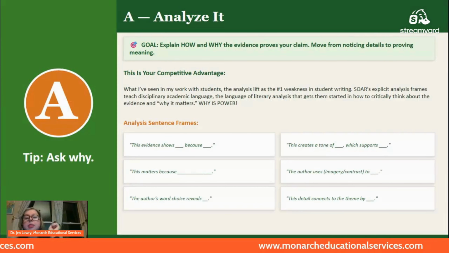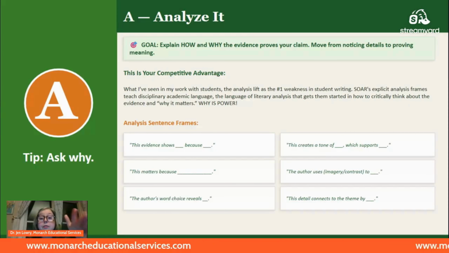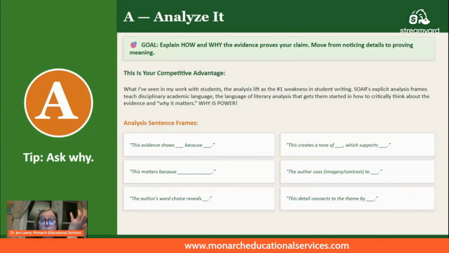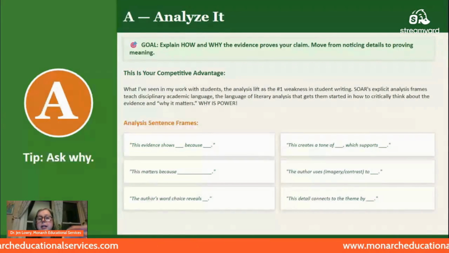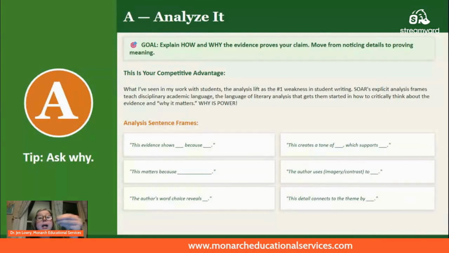Analyze it. Now, this is where I've had teachers hit roadblocks with students. You can tell me in the comments if you have found that this analyze it piece presents problems for your students as well. It means they have to think critically. They have to do some deep thinking and diving in around what that evidence is actually saying.